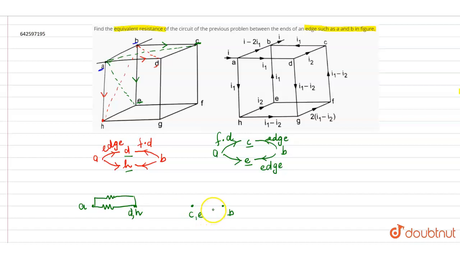Now between B to C there is one resistance, and between B to E one more. Now between D to C there is one resistance, and between H to E one more.